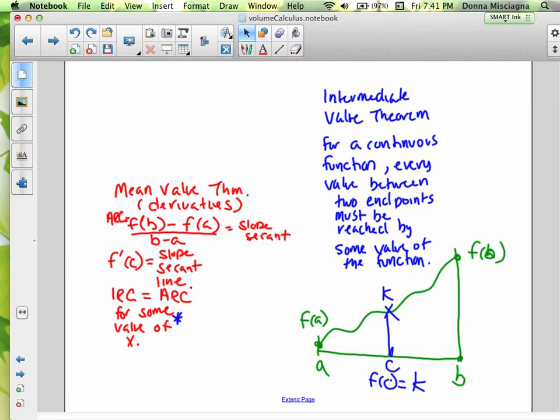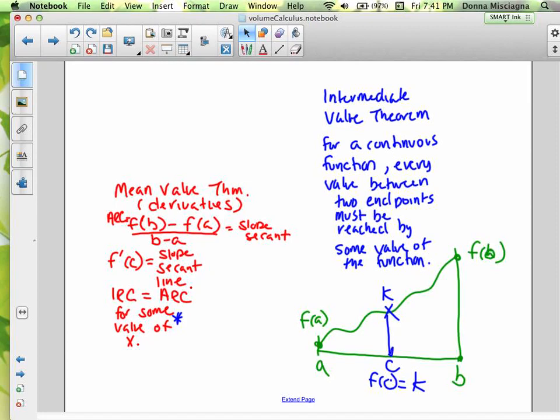Okay. Just a little reminder of what mean value theorem was for some interval, right? The change in y over the change in x, the change in the function over the change in x, gives us the slope of the secant line, right? The average rate of change is the slope of the secant line. Our derivative has to be equal to the slope of the secant line somewhere, right?